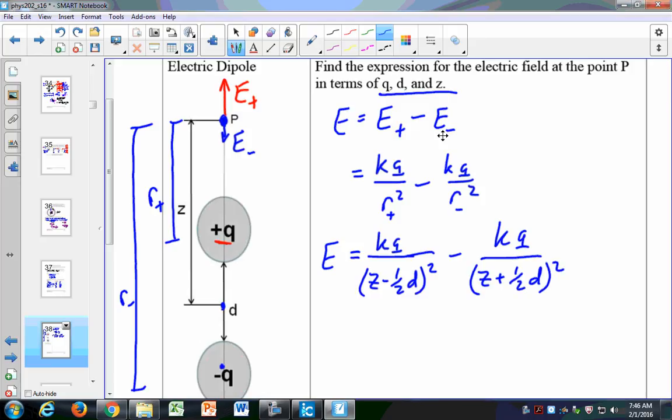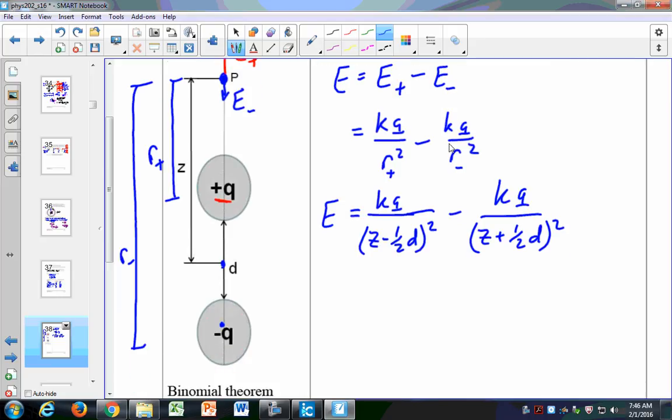I'm just writing R plus and R minus in terms of Z and D. So Z is the distance from here to here, and subtracting this distance gives me this distance. And for this one, Z plus 1/2 D gives me the distance to the negative charge. You could stop there. That technically is the answer in terms of Q, D, and Z.